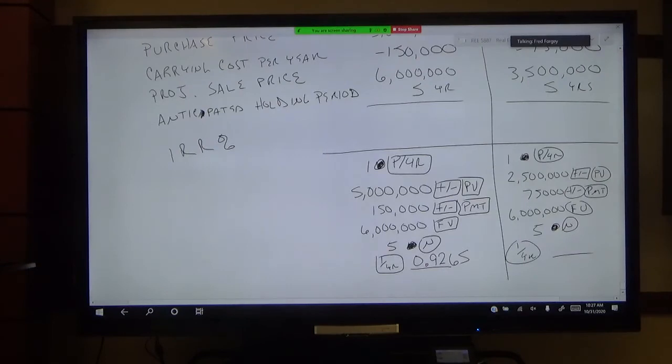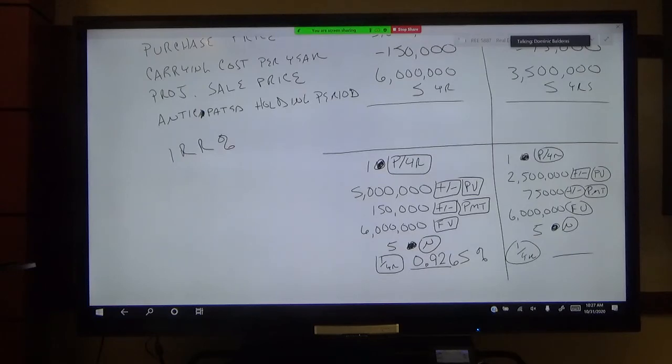That is not a 92% return. That is a 0.92% rate of return. In other words, less than 1%. Okay? And the reason is we've got a lot of outgoings with the holding cost.